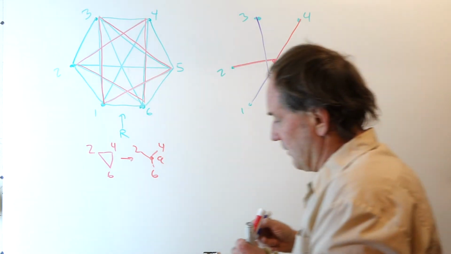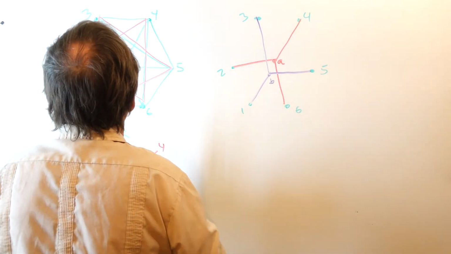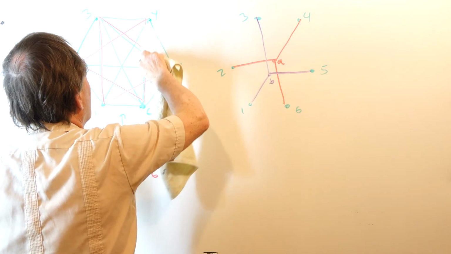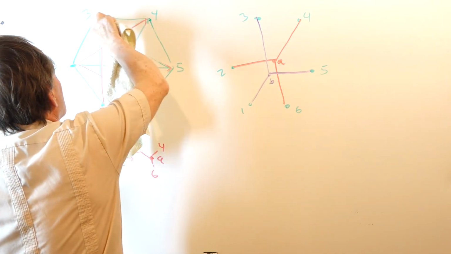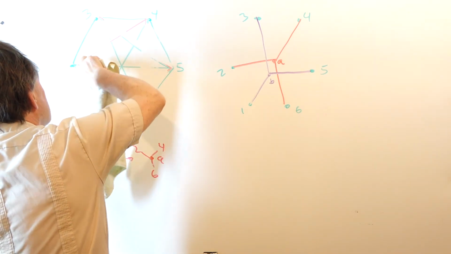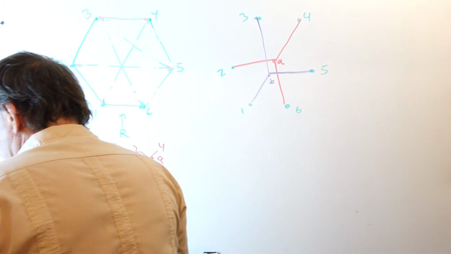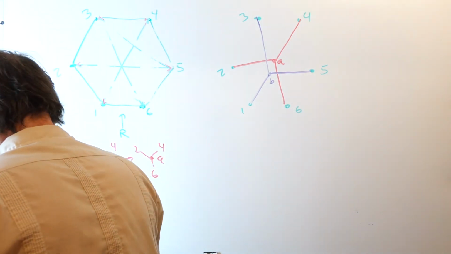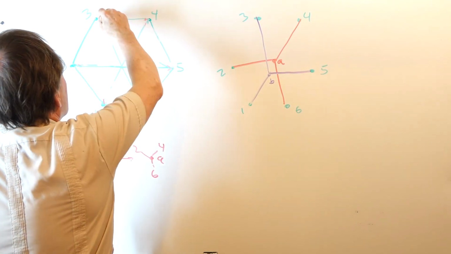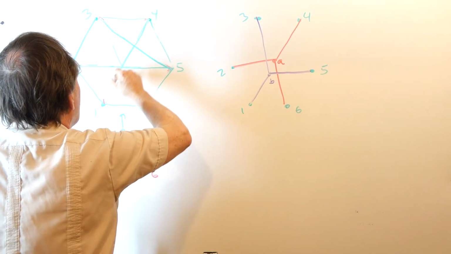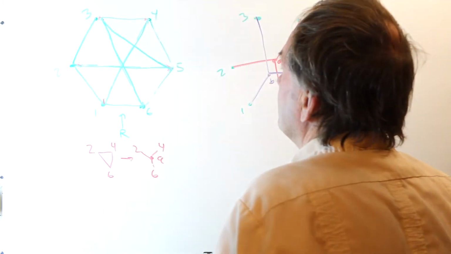So there. Now we can eliminate those branches. So I'll put this back in. So that's what we have left in the network.